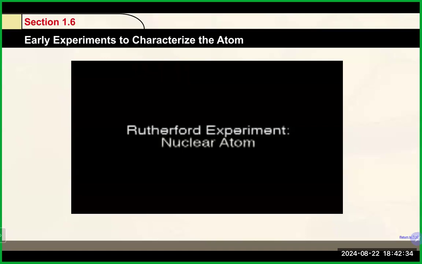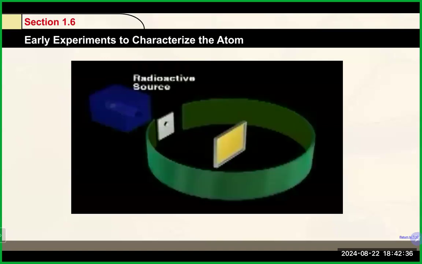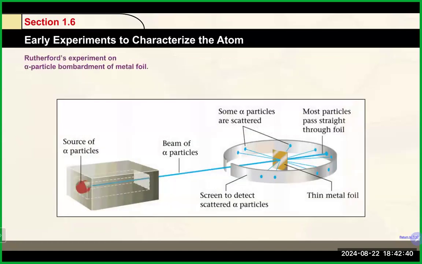What actually happened here is they saw that most of those alpha particles went through undeflected. You can see here, this is the setup. There's the screen, and most of those particles sailed right through with no problem.